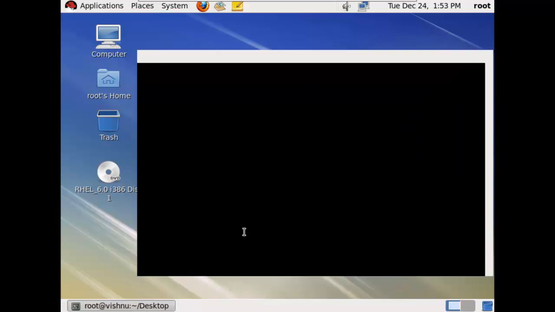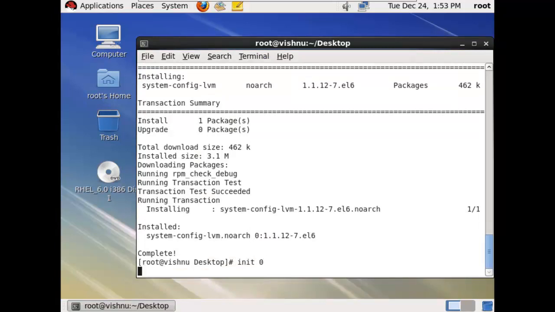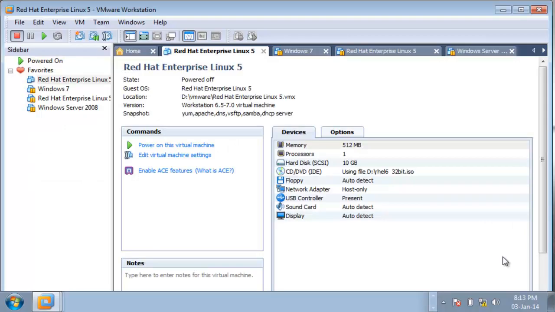So I am shutting down my Red Hat Linux operating system with the init 0 command and waiting for it to shut down. Completely shut down the Red Hat Linux operating system.